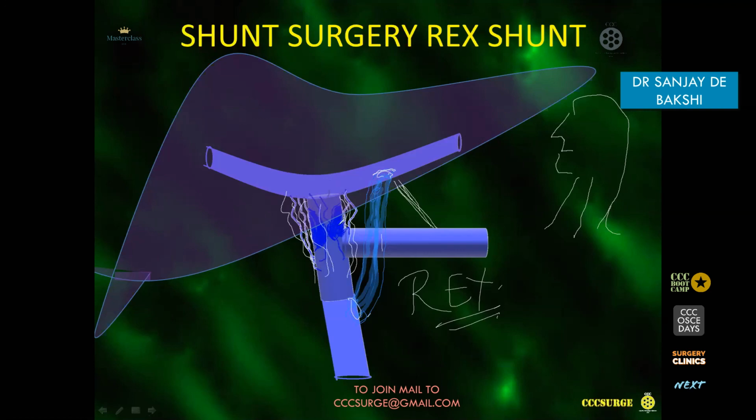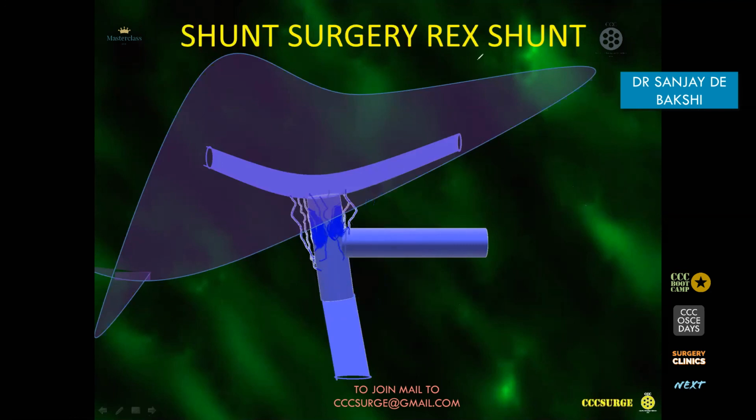So if you have a large cavernoma, it's very difficult to approach. Instead, what people do is use a superior mesenteric to left portal vein anastomosis, and that's called the Rex shunt. Right.